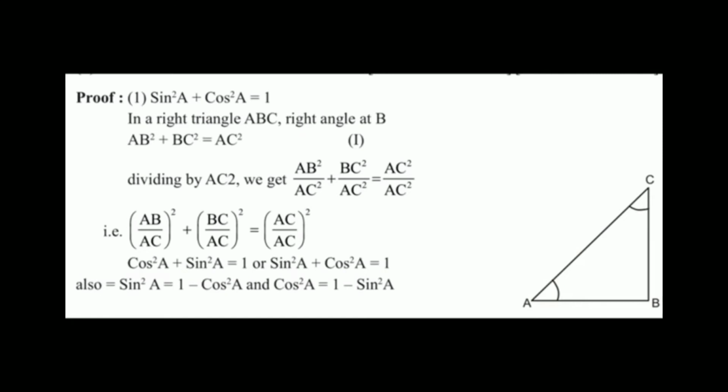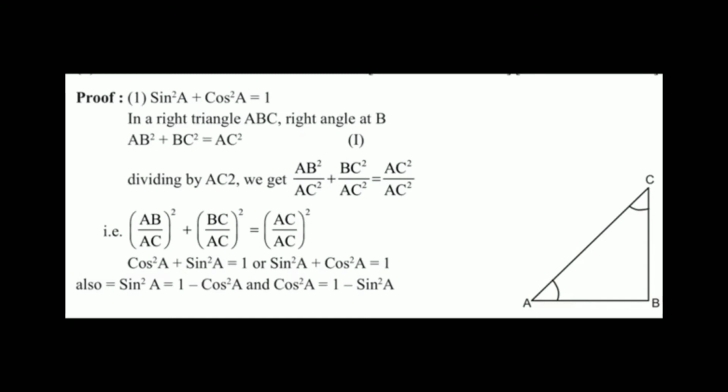Only then we will get AC divided by AC and cancellation gives us 1. Therefore, by dividing the given equation, that means the Pythagoras equation, by AC square, we get AB square upon AC square plus BC square upon AC square is equal to AC square upon AC square.